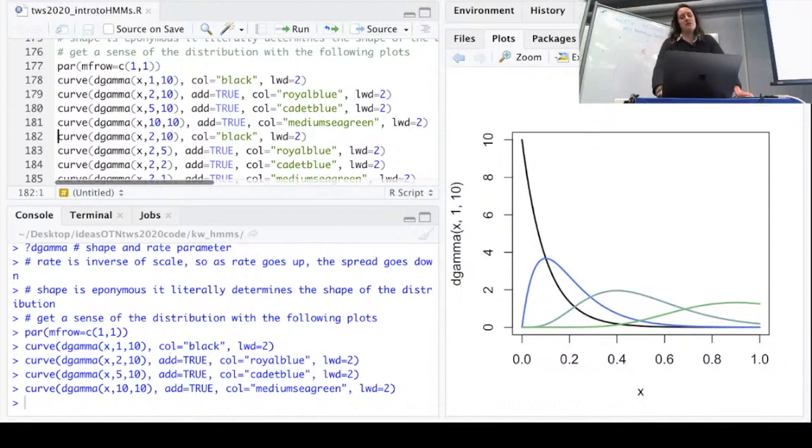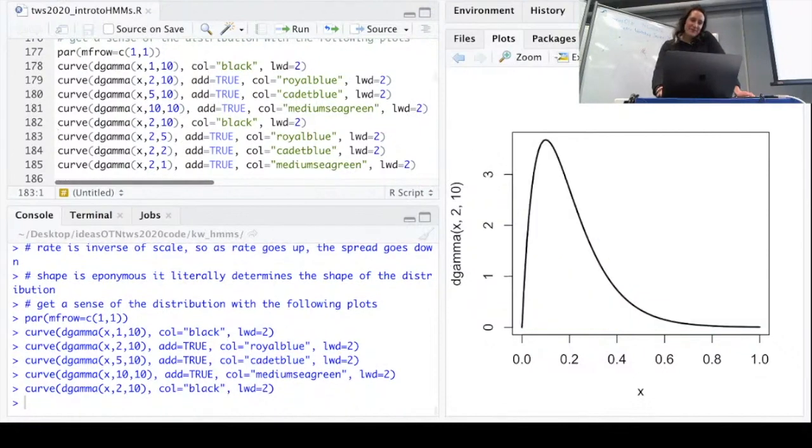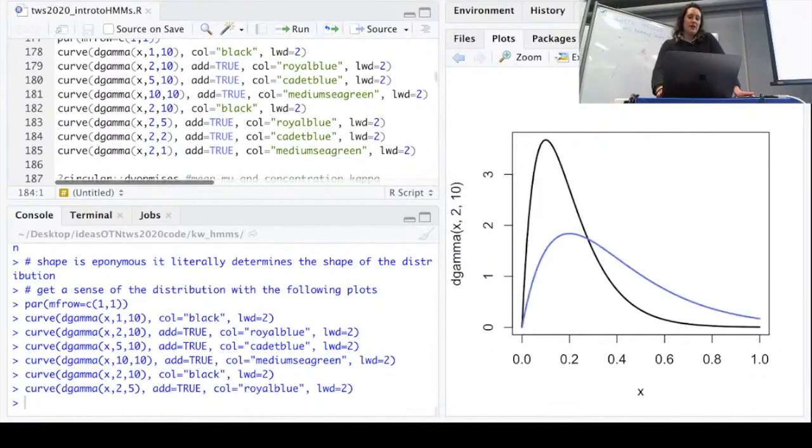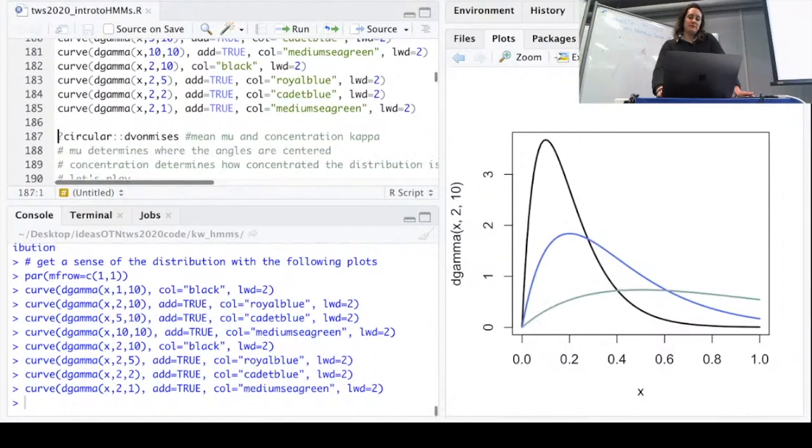So it's not just changing things in terms of the mean. It's also changing the amount of tailedness in the distribution and how peaked it is, also known as skewness and kurtosis. In this next one, I keep the shape parameter constant, and then I increase the rate. So you can see that they interact a little bit.